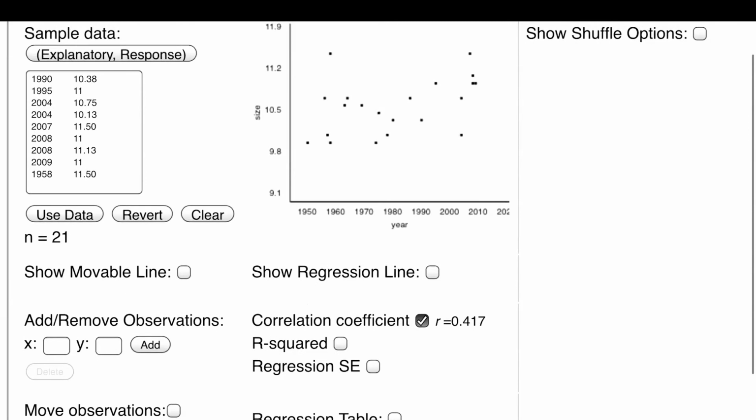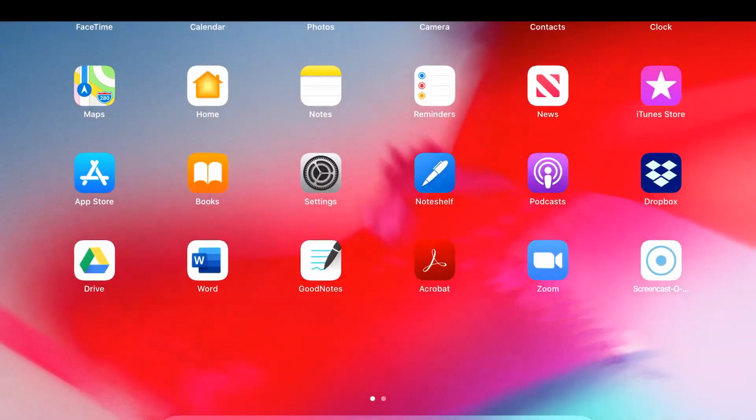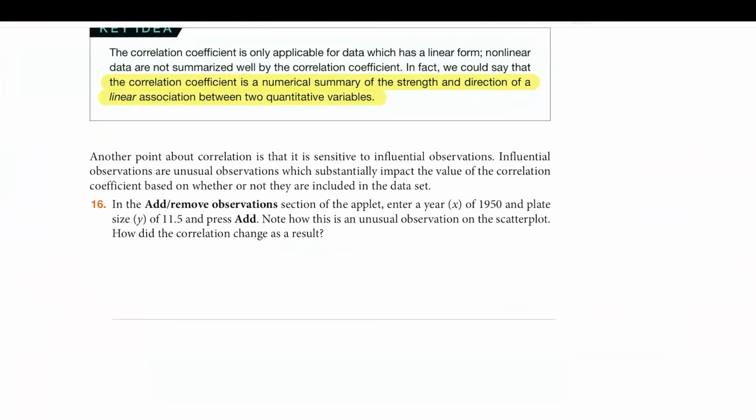It went from 0.6 down to 0.4. So that's a pretty big difference. It's still in the moderate range for strength, but it's quite a bit lower. This is closer to weak, whereas the other one was closer to strong. And you can see the point in the upper left part of the scatter plot.